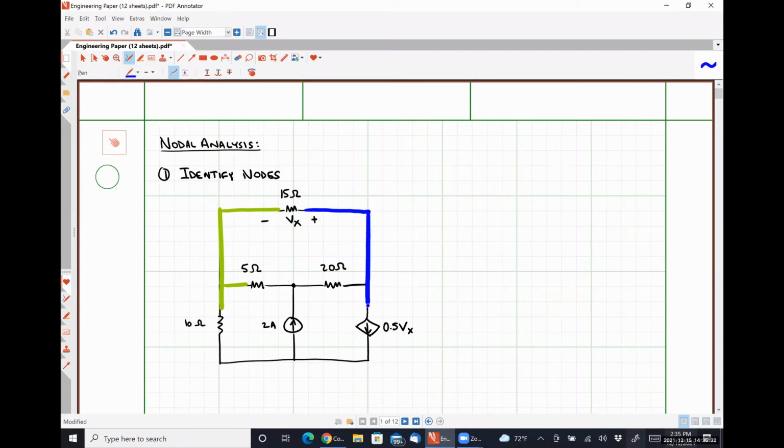I have a node over here on the right-hand side of my circuit. I have a node here in the middle of my circuit. And I have a node here at the bottom of my circuit.